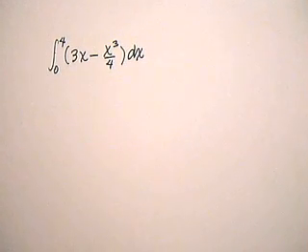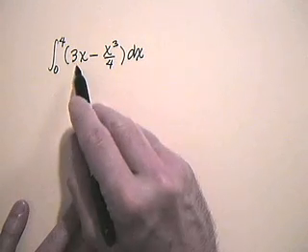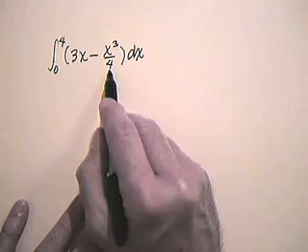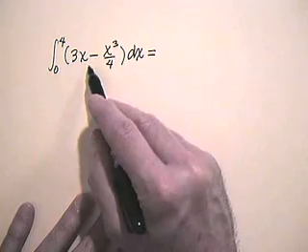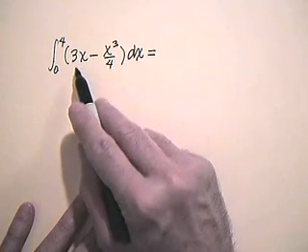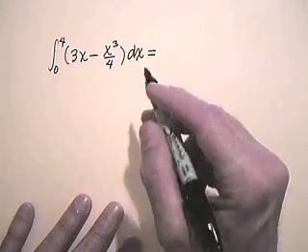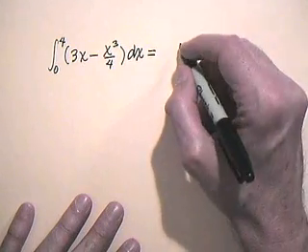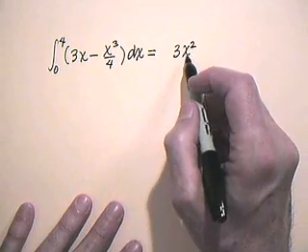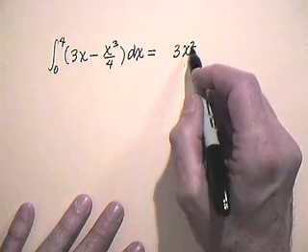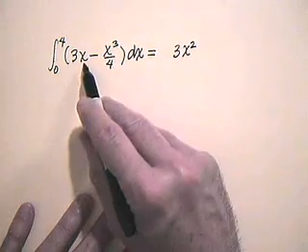Well, let's use the fundamental theorem of calculus to compute a definite integral. Here, I have the definite integral from 0 to 4 of the quantity 3x minus x cubed over 4 dx. So we begin by looking for an antiderivative of this integrand. What's a function whose derivative is 3x? Well, if I take 3 times x squared, when I differentiate that, I get the power lowered by 1, back to x to the 1 power.